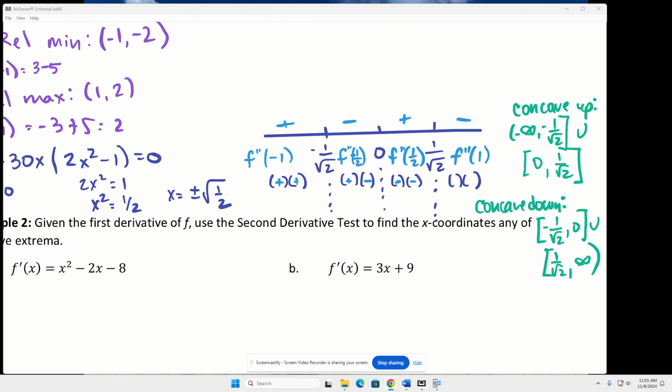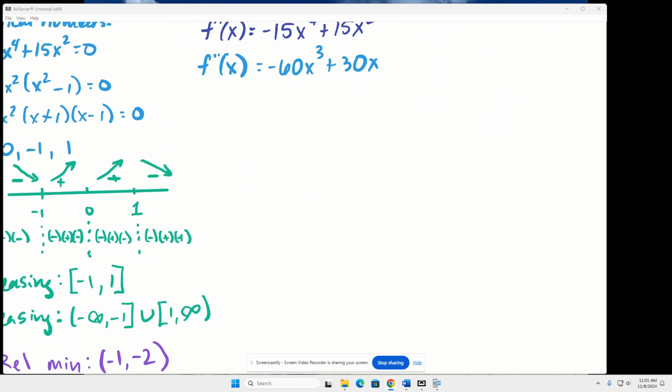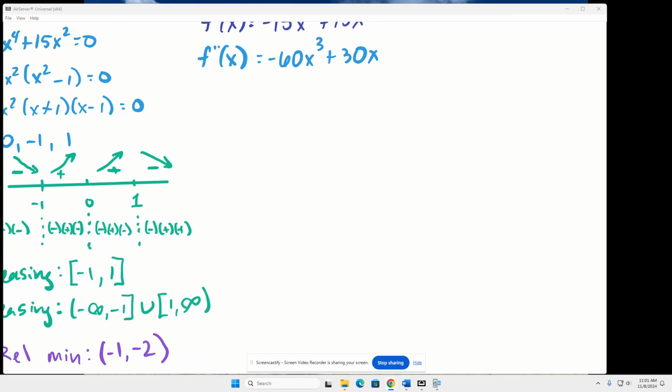So through doing that, we have found the x coordinates of our points of inflection, which D is asking for, the whole points of the point of inflection. Trying to figure out where to put this. Okay, so D. Anytime the second derivative changes sign, there is a point of inflection.